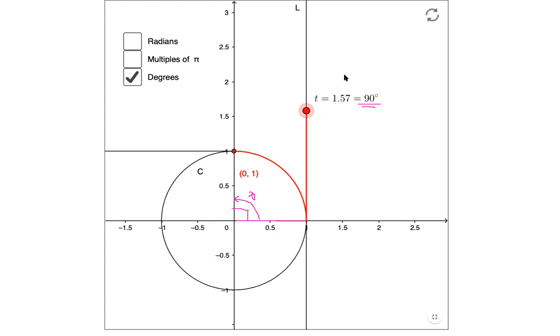Sige nga. Anybody? Why are they equal? Bakit equal yung arc length sa angle na to? Anybody?